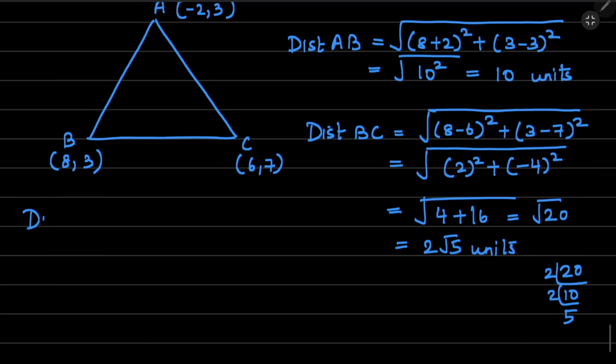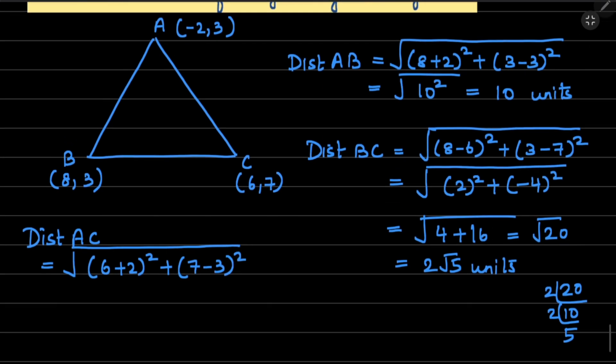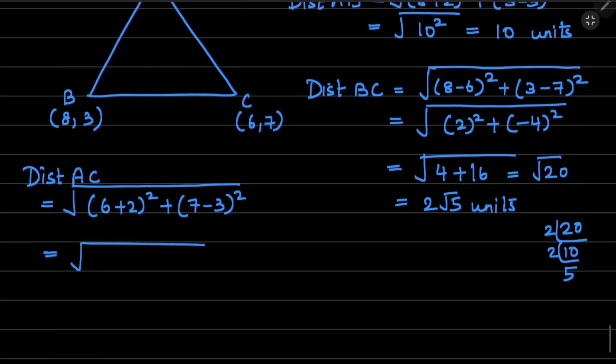Now let us calculate the distance between A and C. So it is equal to, again, root of (x2 minus x1) the whole square, which is 6 minus of minus 2, plus 2 the whole square, plus (y2 minus y1) the whole square. So this is nothing but root of 6 plus 2, 8 square, plus 7 minus 3, which is 4 square.